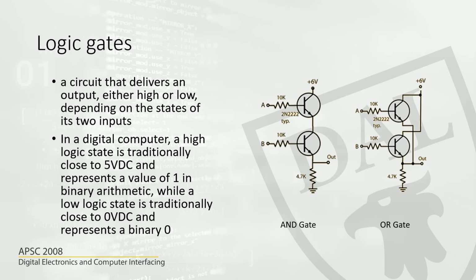The most important thing is, yes, it understands zeros and ones, but how do they understand zeros and ones? That is by the voltage that we apply. A voltage close to 5 volts. It depends on the system voltage, but for now let's assume 5 volts.